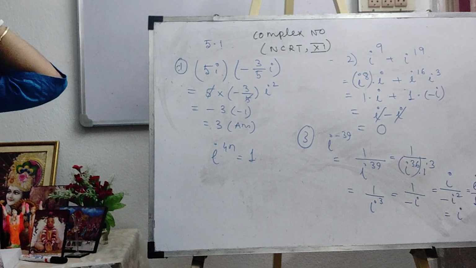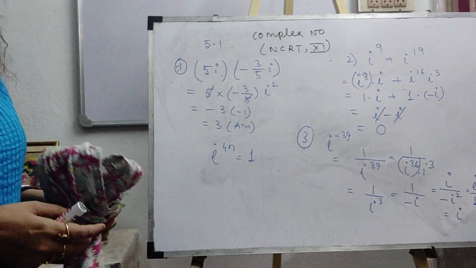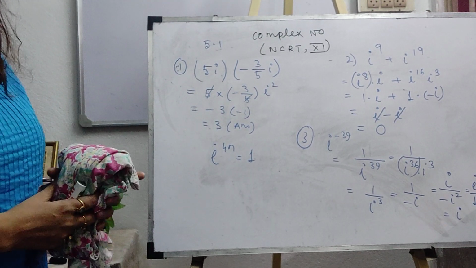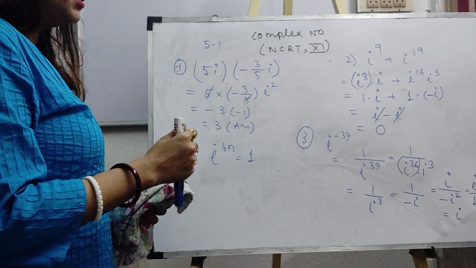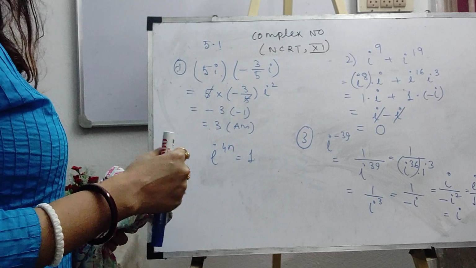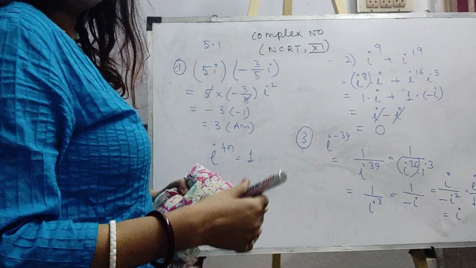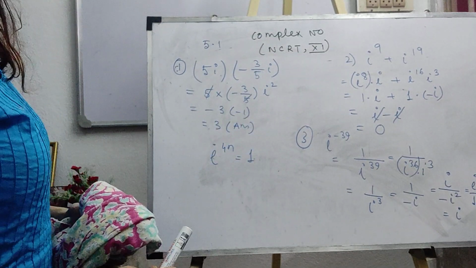So i to the power 36 is 1. i cube is minus i. But I cannot write i in the denominator. So that's why I multiplied with i in numerator and denominator. The numerator becomes i and the denominator becomes minus i square. i square is minus 1. So minus minus plus 1. Okay.